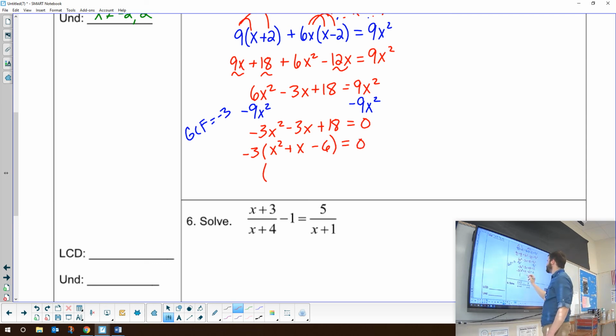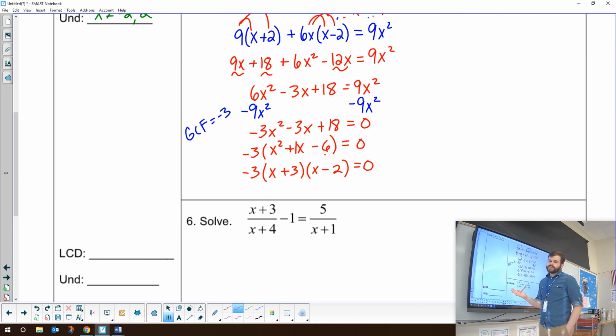I'm going to build my parentheses. We're going to go x times x is x squared. And we need to think of two numbers that multiply to negative 6 and add to equal that 1 in the middle. And so my two numbers are going to be positive 3 and negative 2. Okay? So we got my factors set equal to 0.